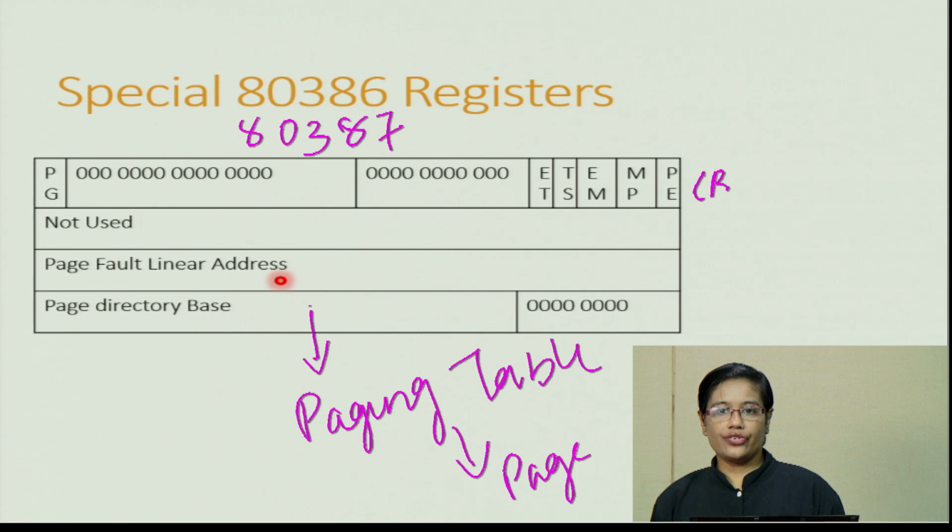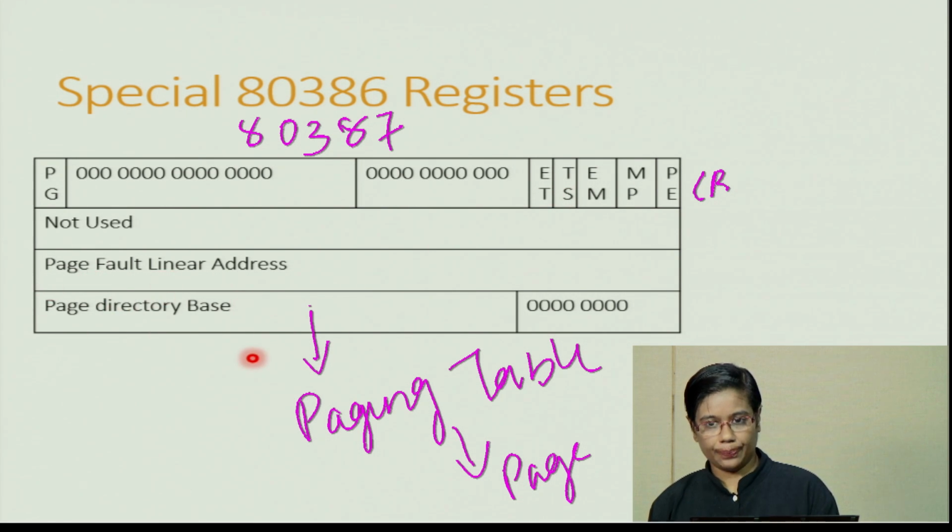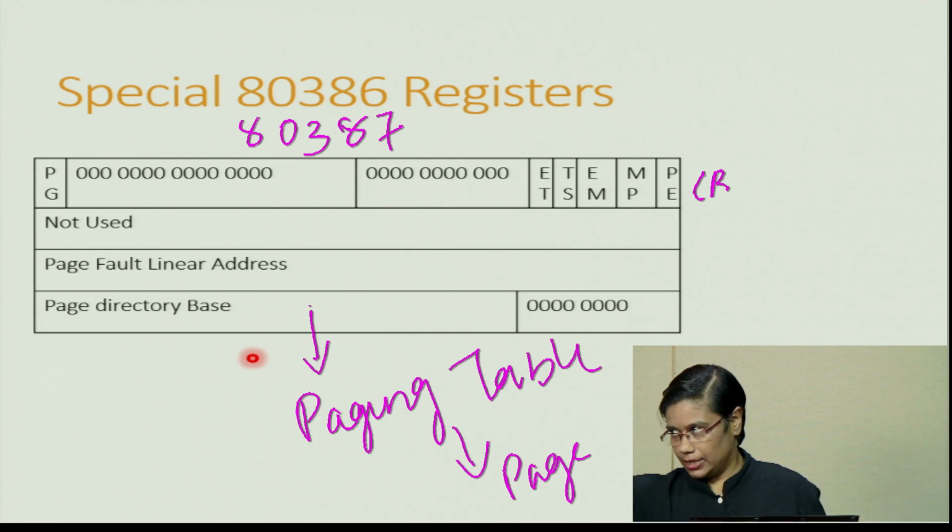But what we are interested in is the protection enable and the task switching. These are the 2 things handled by the memory management unit, other than of course the paging, which is handled by the page directory base. So these are the special registers, and this is how virtual memory is implemented.